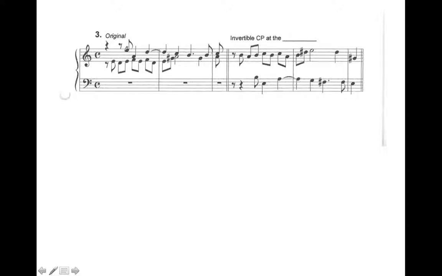So if we look at just how the voices have moved, the lower voice here is E, D, E, so it moves up here to B, A, B, so that's moving up a fifth. The upper voice starts on E, goes to A. This is B to E, so that has moved down basically an octave and a fourth. Okay, don't worry about the octave. You have a fifth plus a fourth together. That makes an octave. Okay, so if you put invertible counterpoint at the octave, that would be correct.